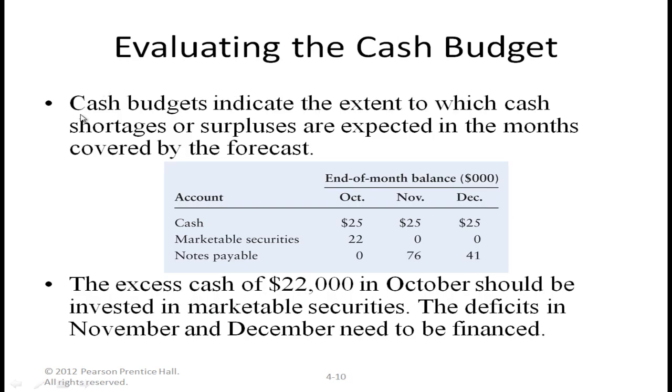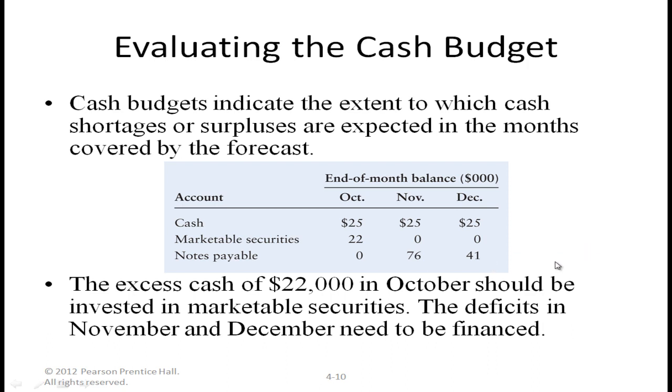All right, so your final evaluation, here they have excess funds, so they're going to buy some marketable securities. Here they're going to have notes payable of 76, that's their shortfall in November, and 41 in December.